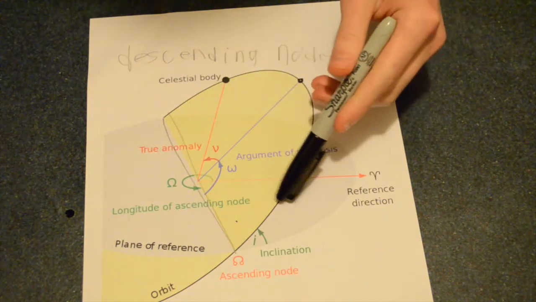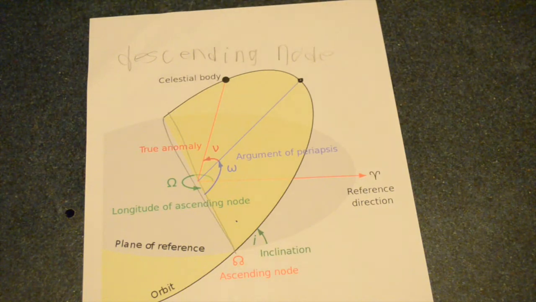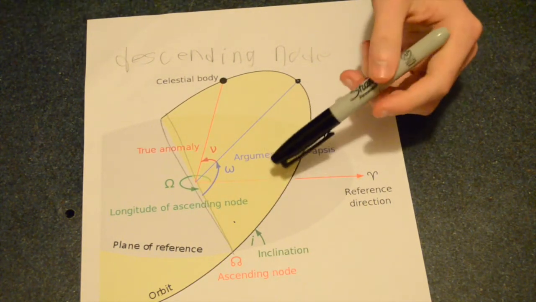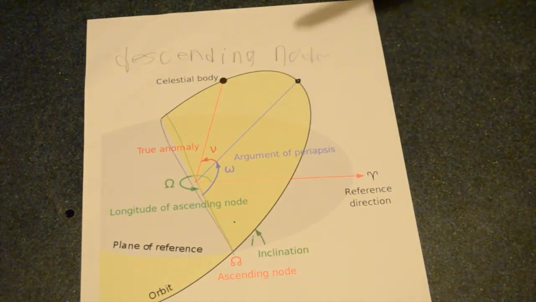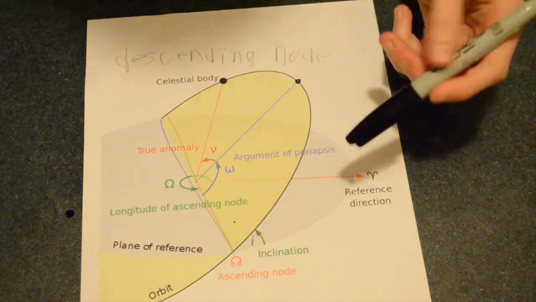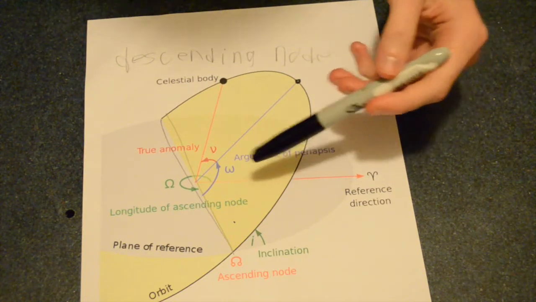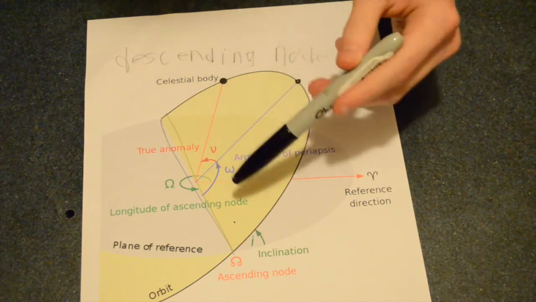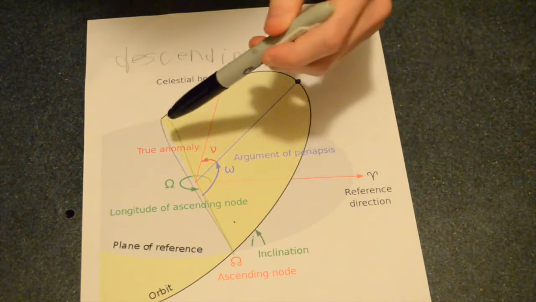And then to determine the rotation in the orbital plane, you take the angle from the ascending node to the periapsis, which is the lowest point on the orbit. That's that angle.